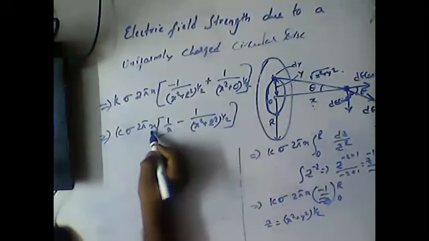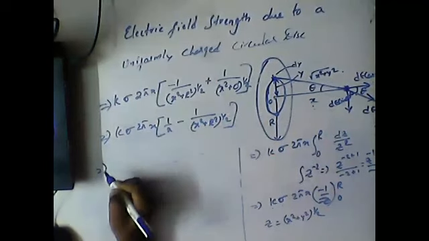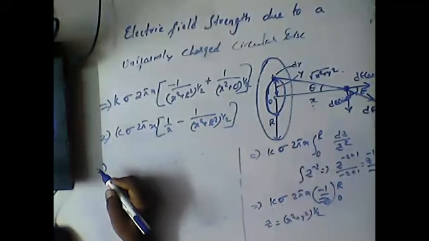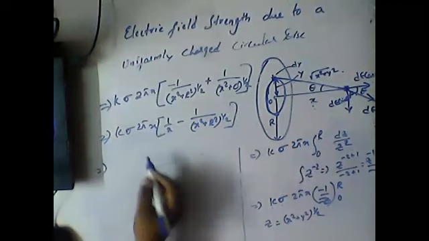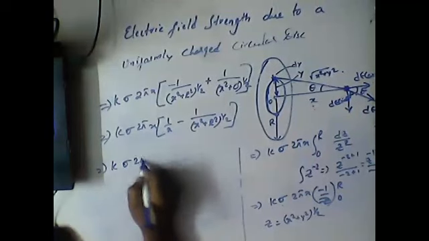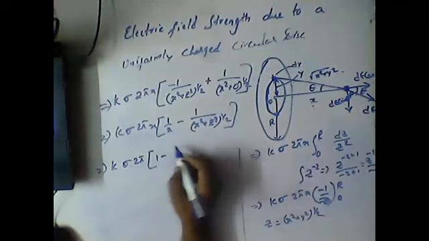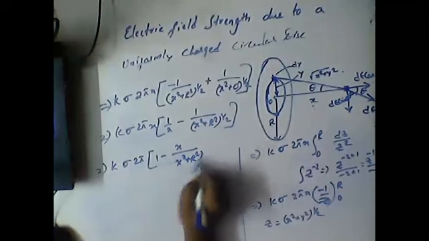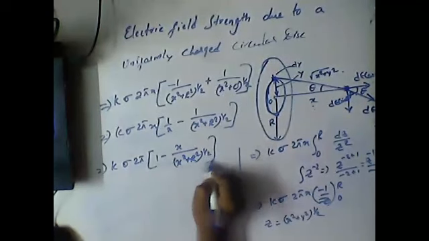By multiplying x inside, x will cancel, and we get k sigma 2 pi times 1 minus x by (x square plus r square) whole power 1 by 2.